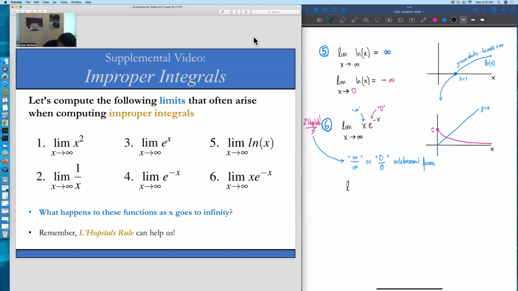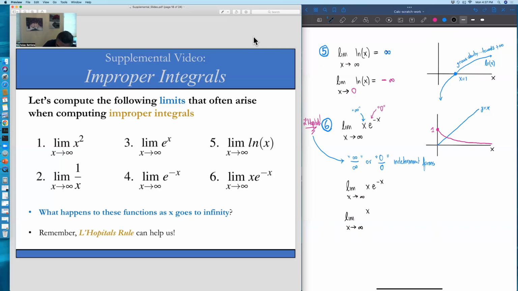So let me just rewrite this limit. We have the limit as x goes to infinity of x e to the minus x. That's just our original problem. Now we have to figure out how we can turn this into one of these indeterminate forms. Basically, we need to make this into a fraction using algebra. This decaying exponential, we know we can rewrite as 1 over e to the x.